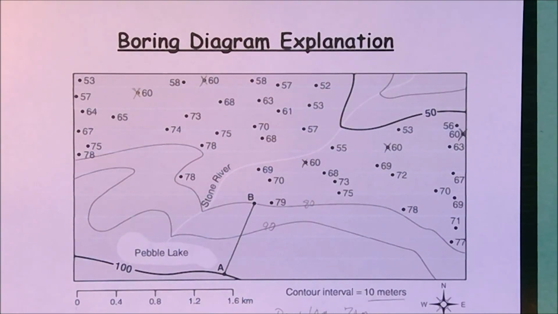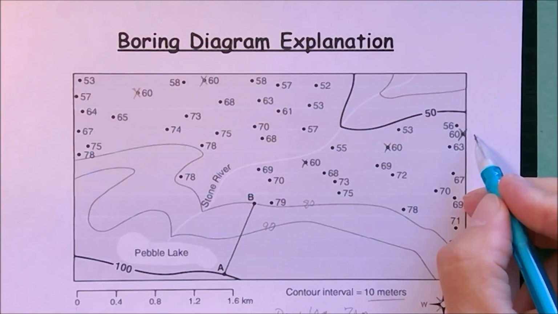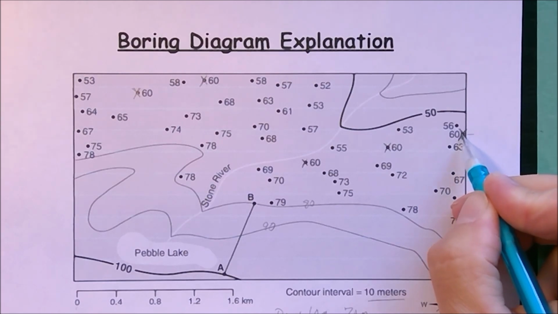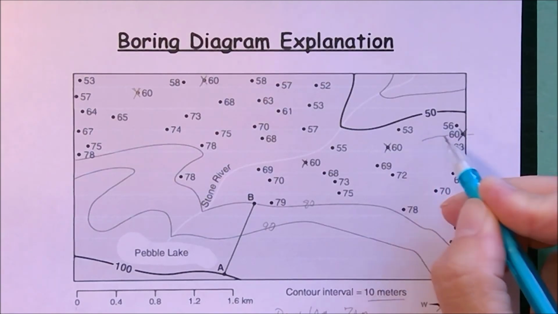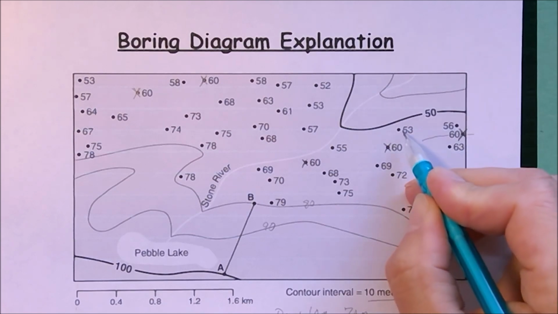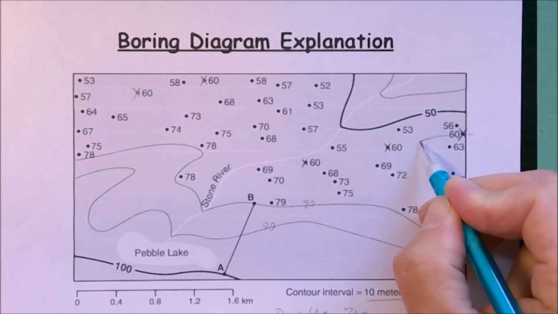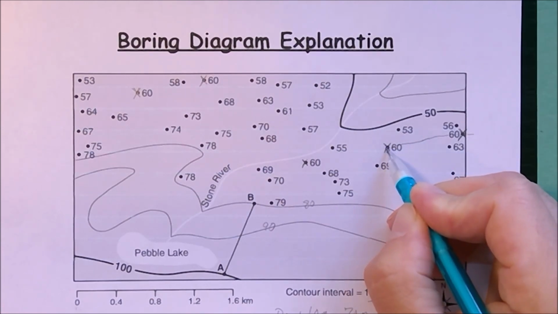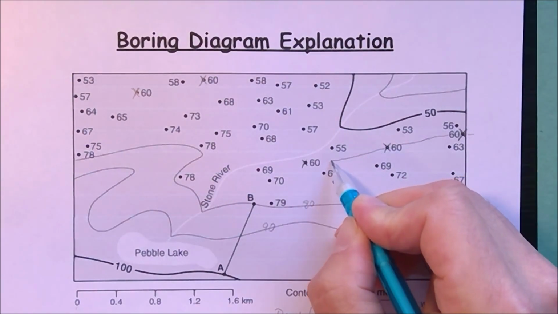This is not playing connect the dots, because where your line goes has to make sense with the surrounding observations. So we're starting here. Here's your 60. 60 goes between 63 and 53. My line is going to extend over here.